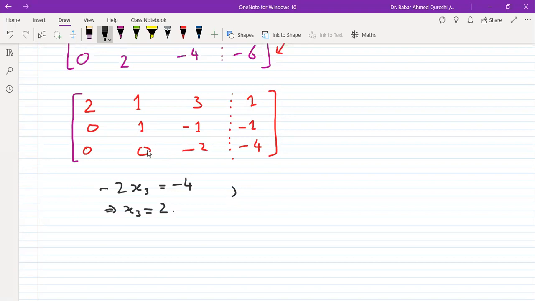Then I write this equation, x2 minus x3 is equal to -1, and for x3 I put a 2. This gives me that x2 is equal to 1.